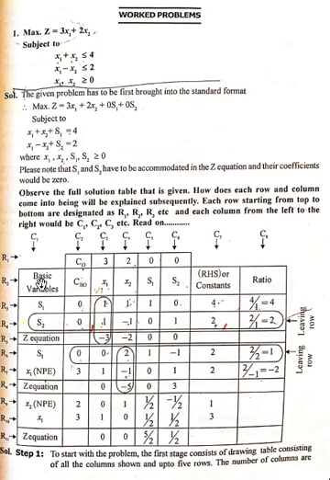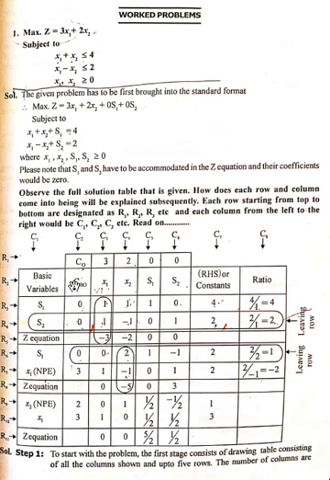So first, these are the basic variables. What are the basic variables that you have chosen here? S1 and S2. S1 with respect to the first equation, S2 with respect to the second equation. This is the standard format. CB means the cost values of the objective function.